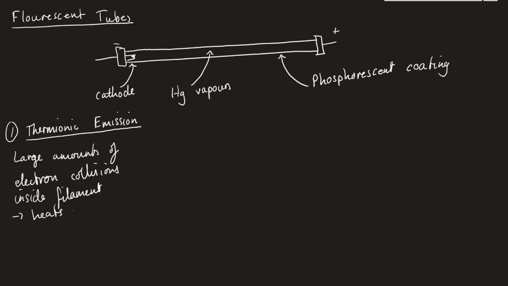So it heats up, and then the electrons absorb the energy, I'm just going to call energy E, and are emitted from the cathode. Okay, because they have enough energy to be emitted. If they don't have enough energy, then they basically just have to wait a bit longer for the temperature to get bigger so that you've got more thermal energy to be able to absorb, and then you can be emitted after that. So the first thing we have is thermionic emission that's emitting electrons down this tube.